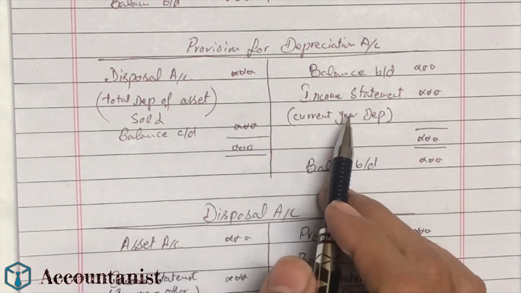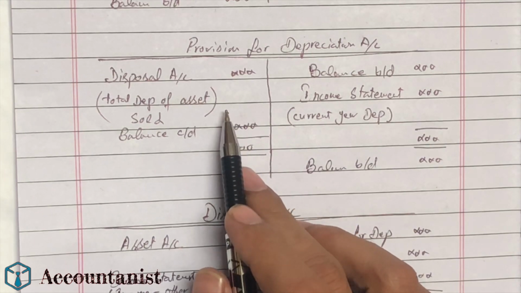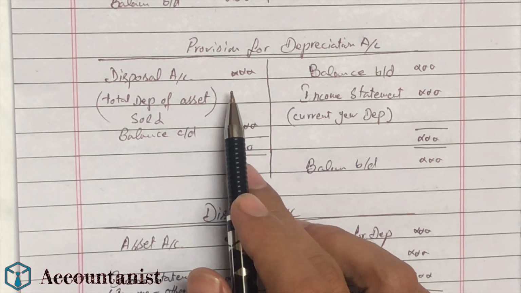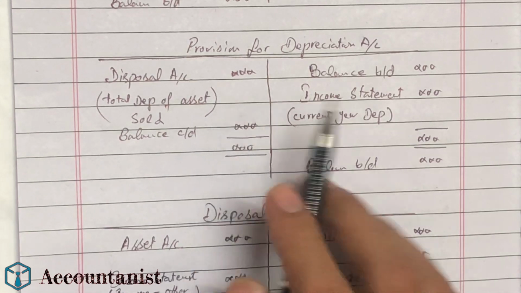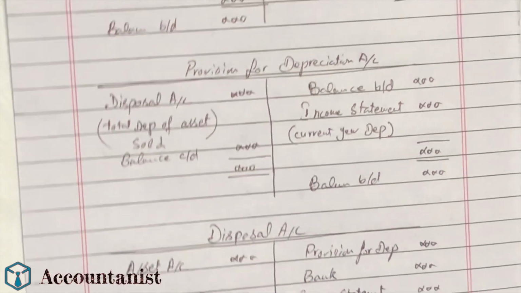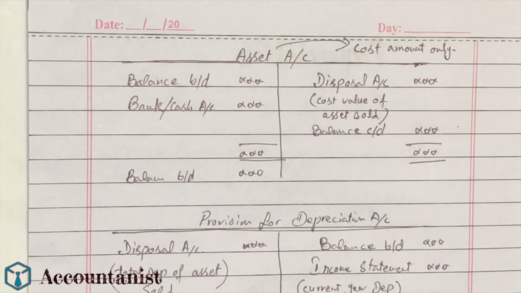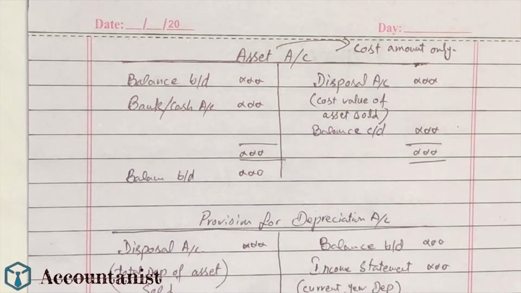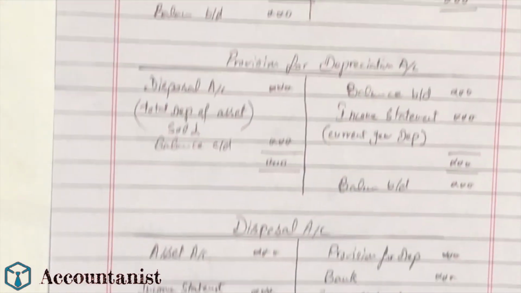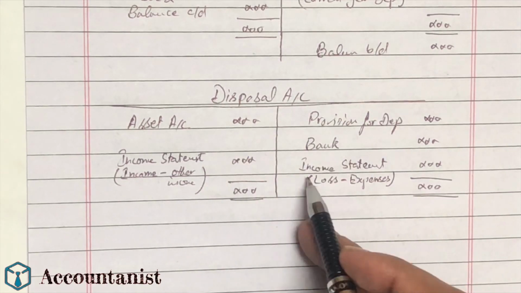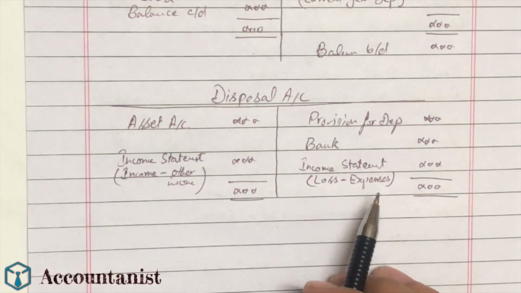I will solve some questions for you for better understanding and to know how to calculate this disposal amount and the income statement value. The easy account is the asset account. That's the first account that we have to make, with the cost amount only, and the last account that we have to make is the disposal account to know the profit and the loss.